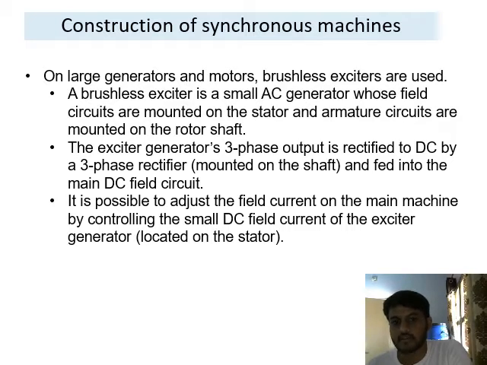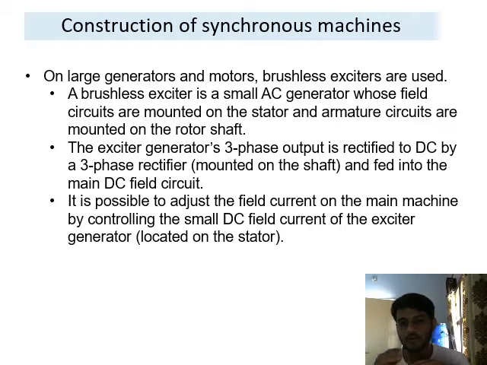The exciter generator's three-phase output is rectified to DC by a three-phase rectifier and fed into the main DC field circuit. So the power is not from anywhere else; the generator generates its own power. Some portion of that power is rectified by the three-phase rectifier and fed back to the main DC field.